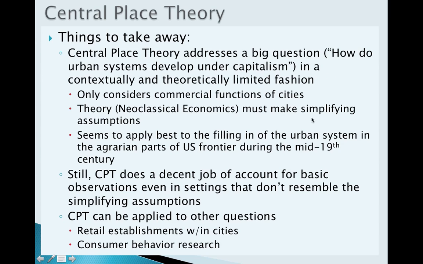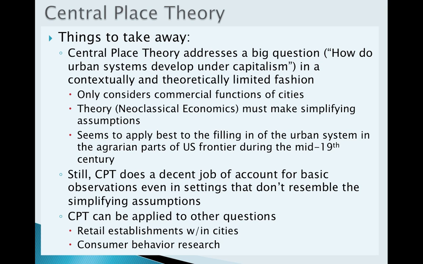It only considers the commercial functions of cities. It is not designed to consider cities as places of industry or places of political power or places of cultural production and consumption, for example. The theory, which is the theory of neoclassical economics, must make sometimes almost absurdly stark simplifying assumptions for the model to work.